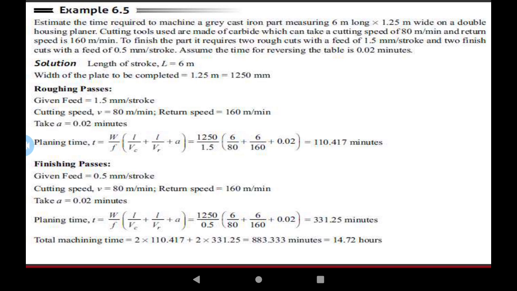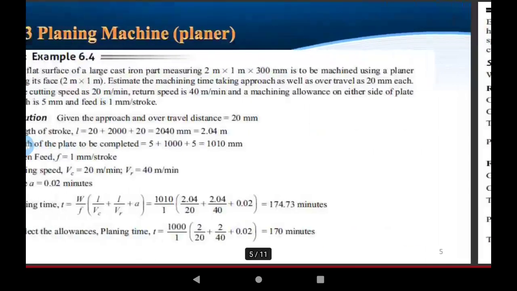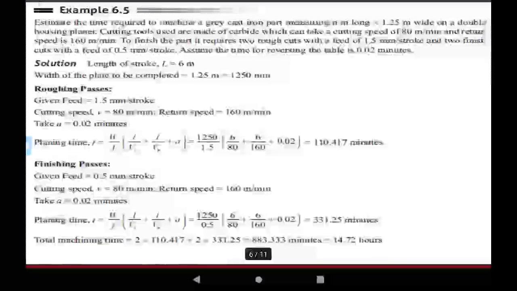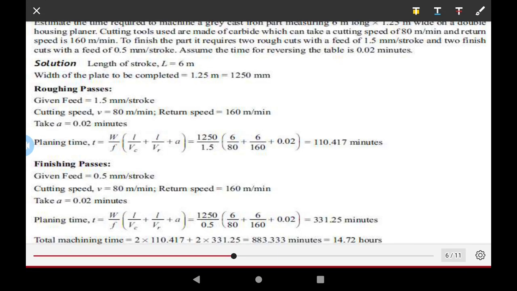To finish the part, a rough cut and a finish cut are required. For the rough cut, the feed rate is 1.5 per stroke, small f.